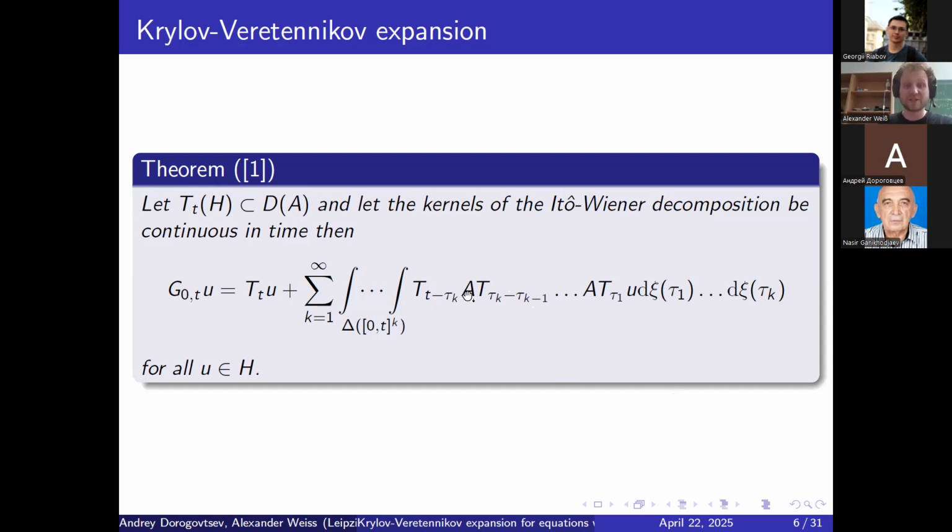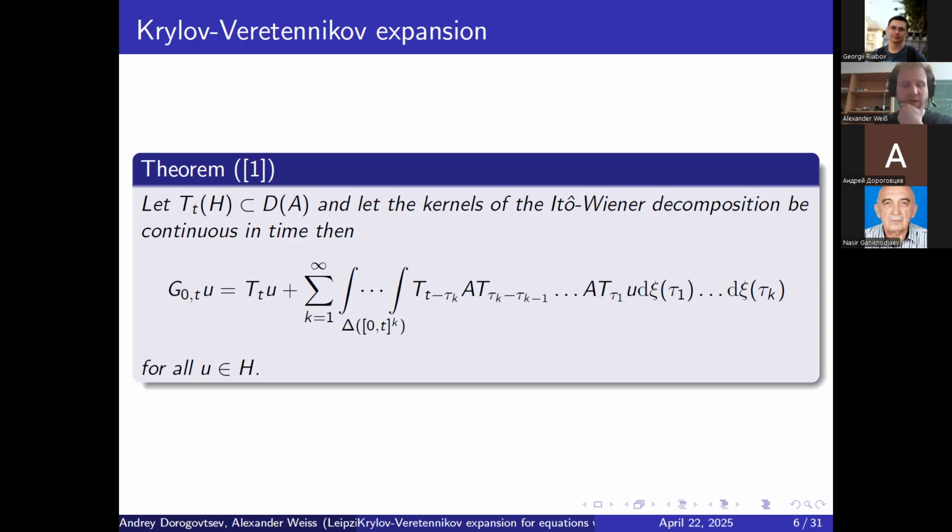Since this is a differential operator, in general, this is something like a smoothing property. In our case, we will only look at already smooth test objects. And then the second thing is to show the continuity in time of the Itô-Wiener kernels, which is something one can do with the help of Malliavin calculus.